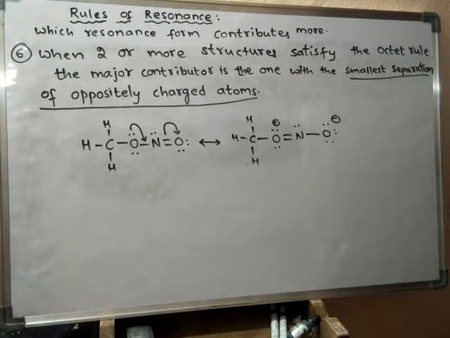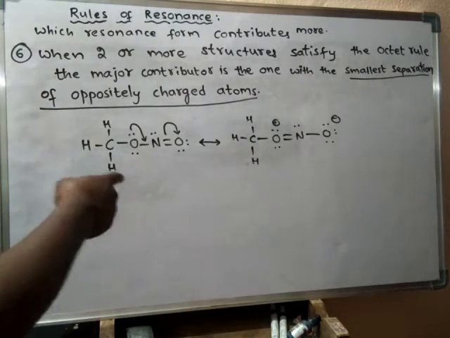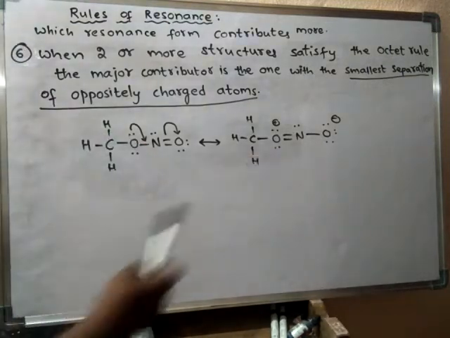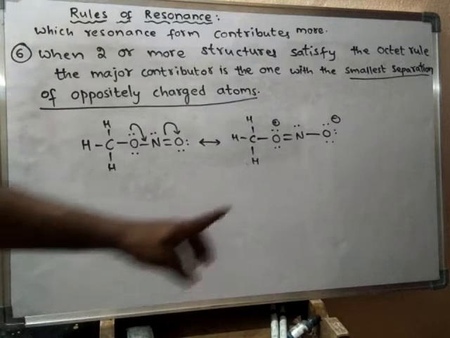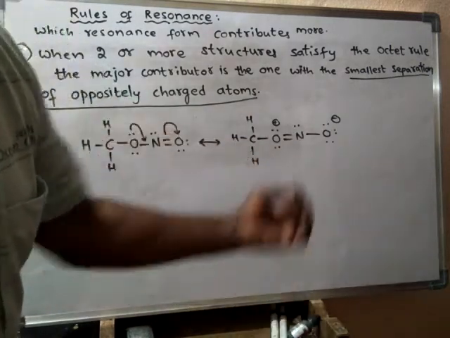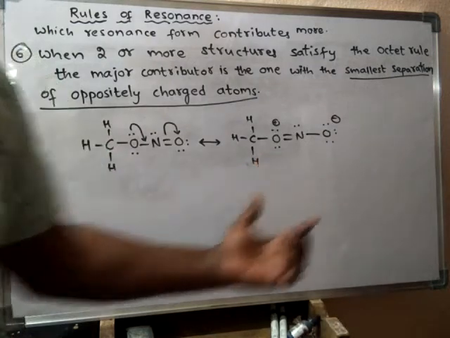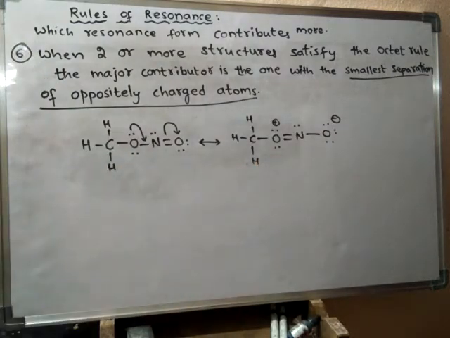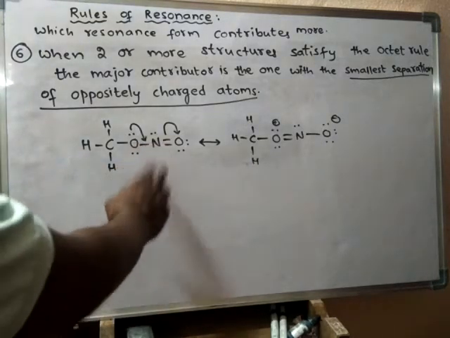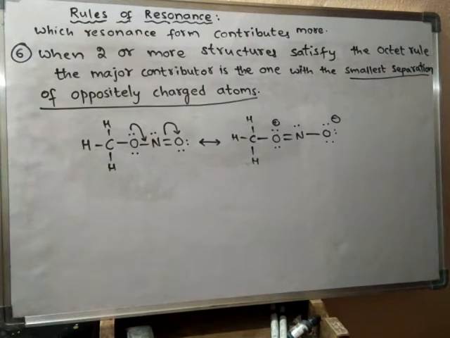Why is it more stable? Because here there is no charge separation, whereas here the charges are separated. Positive charge is on this oxygen atom and negative charge is on this oxygen atom, so there is a charge separation. Out of these two resonance structures, this structure will contribute more.